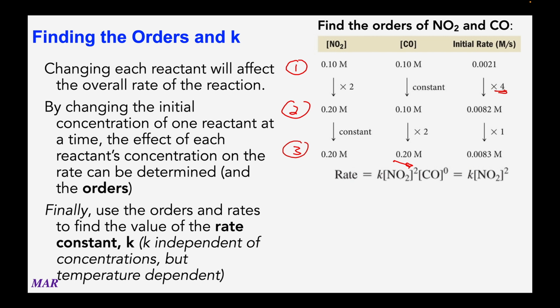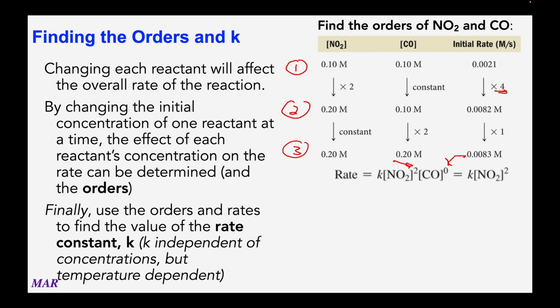That's almost a 0 change of the rate. It almost stayed the same. So as you double the concentration, the speed stayed the same. That would be like 2 to the x equals 1. And remembering that those little x's, the orders, are only 0, 1, and 2, that means that CO here has to be a 0 order reactant.